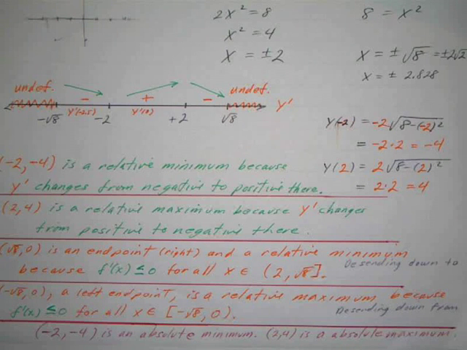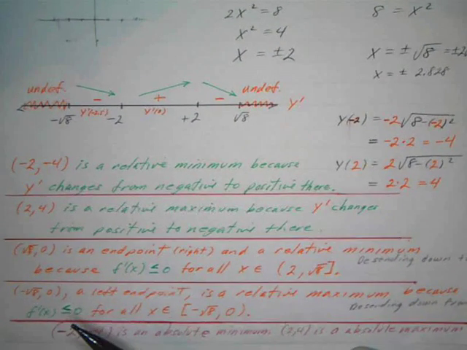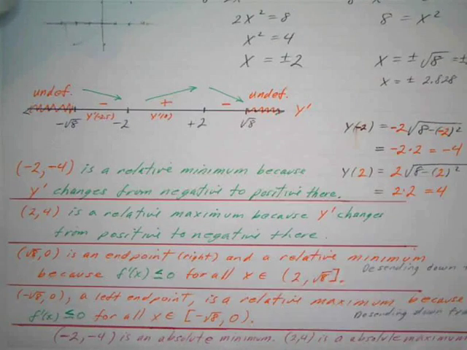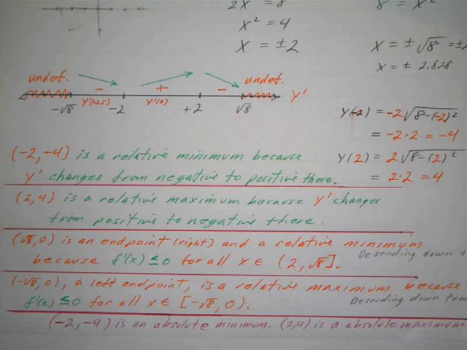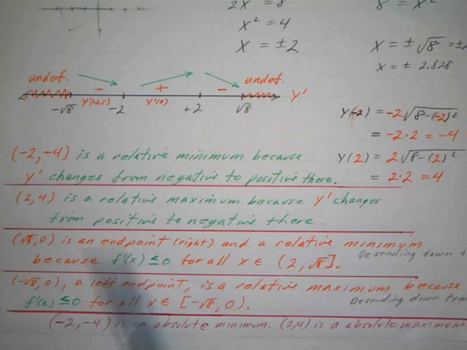Now we also can look at our endpoints. This is something else we have to check, and this is going to be significant in this problem. Hope you can read all this stuff. It's kind of small there. We're running out of room. The square root of 8, 0, this is the right endpoint, and a relative minimum because f prime of x is less than or equal to 0.